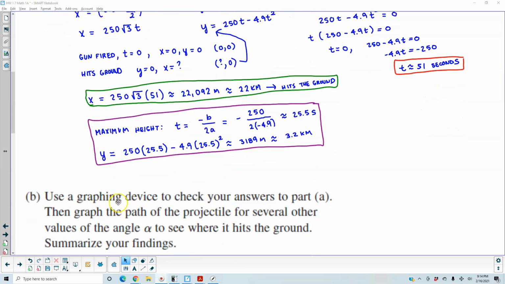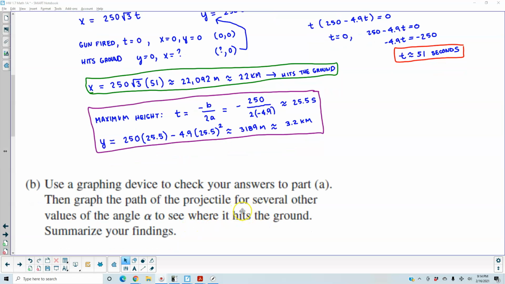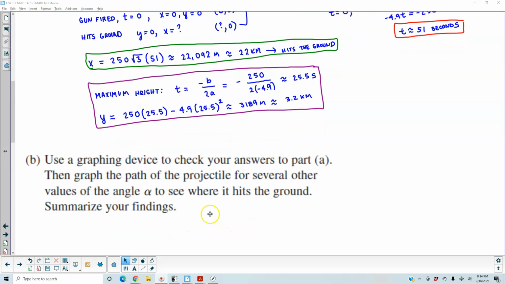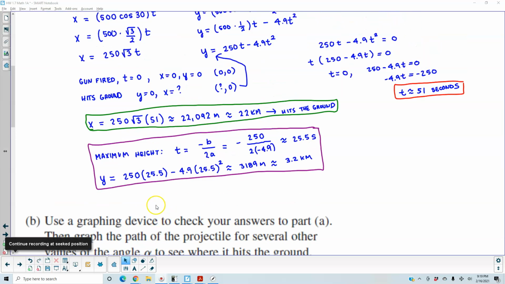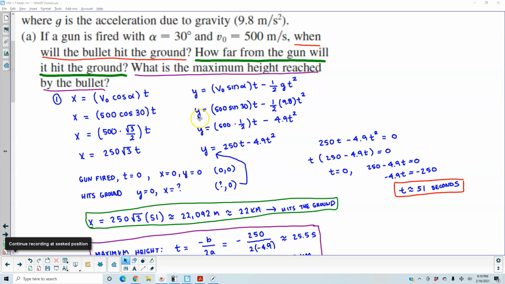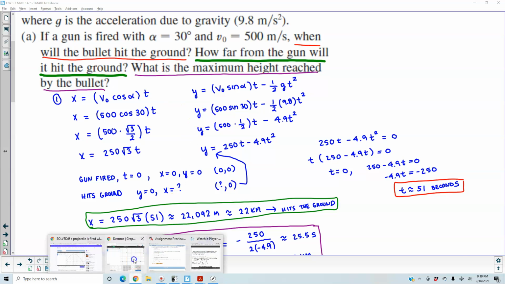Okay, so now we want to use a graphing device to check our answers to part A, and then graph the path of the projectile for several other values of the angle alpha to see where it hits the ground, and then we're going to summarize our findings. So we're going to graph our parametric equations into Desmos, so let's go ahead and do that.